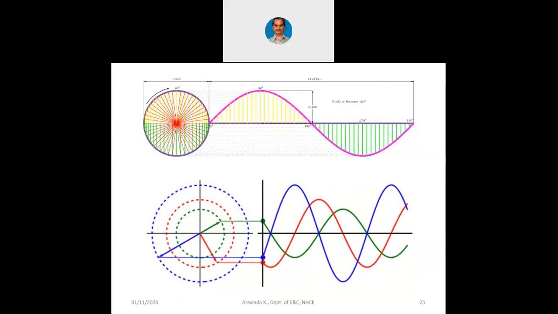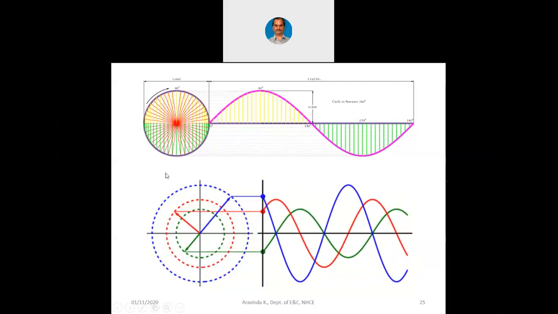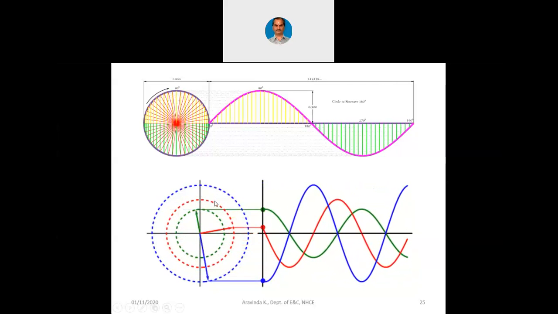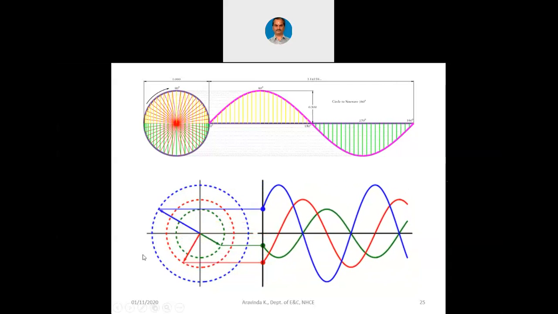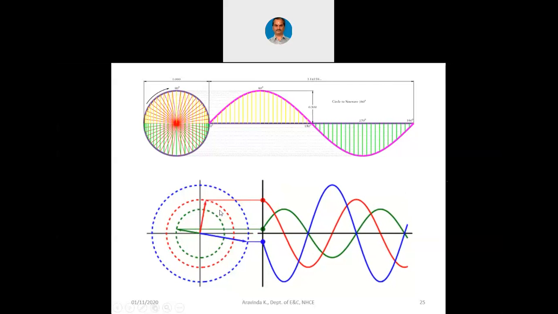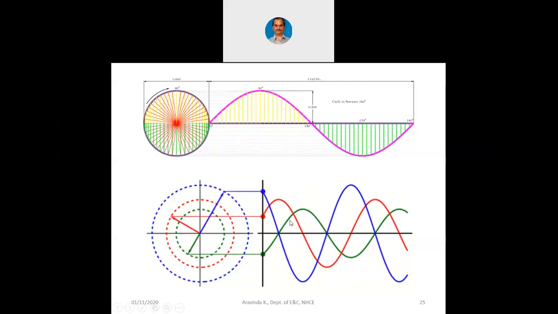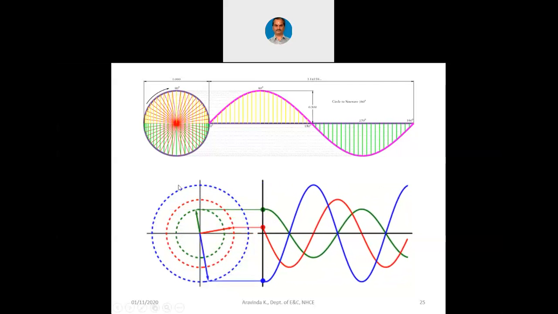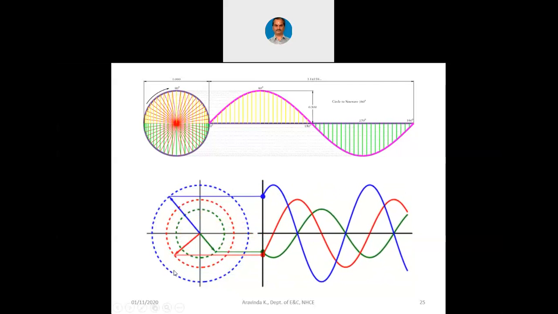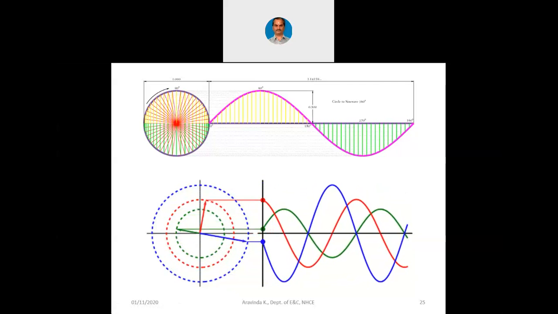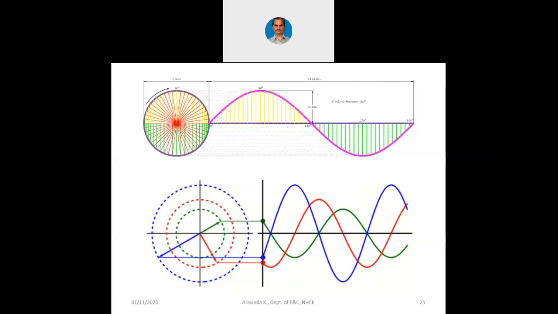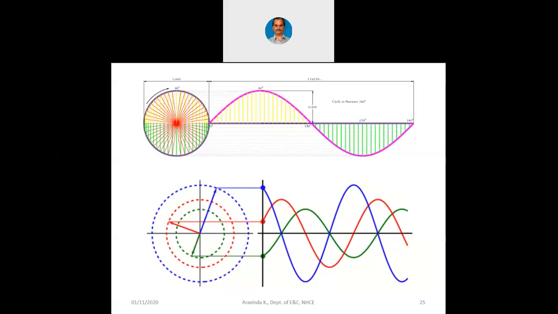The green circle has a smaller radius, red has a mid-level radius, and the blue circle has a larger radius. So the blue circle is producing a sine wave of the largest amplitude, and the green circle has the least amplitude. The red one is in between.